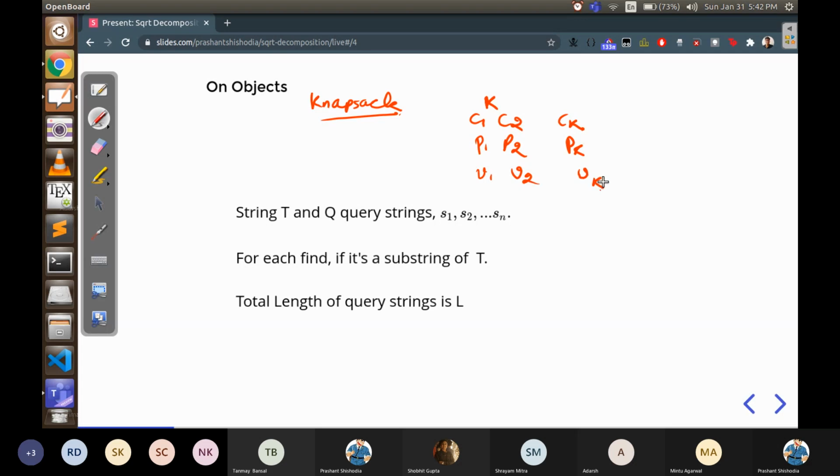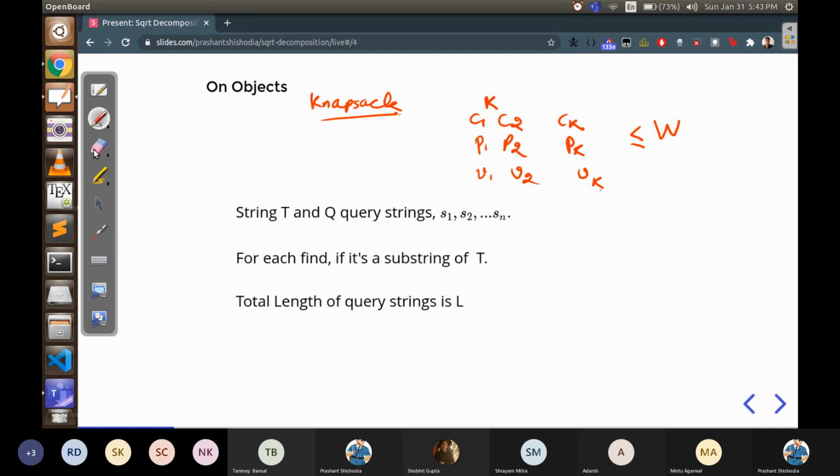You are asked the minimum value, maximum value you can get within a knapsack of size W. So these problems fall in this category where you will have to do square root decomposition on object size.